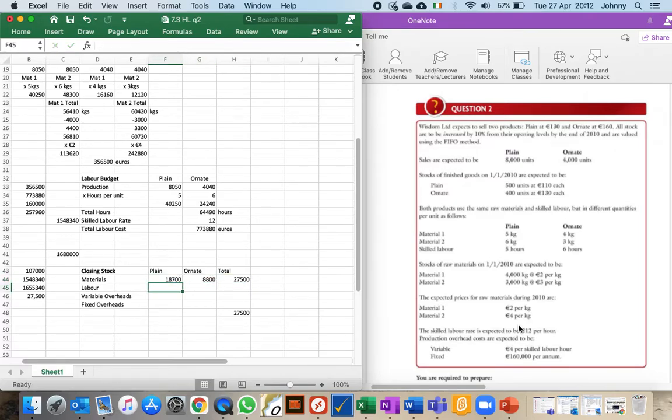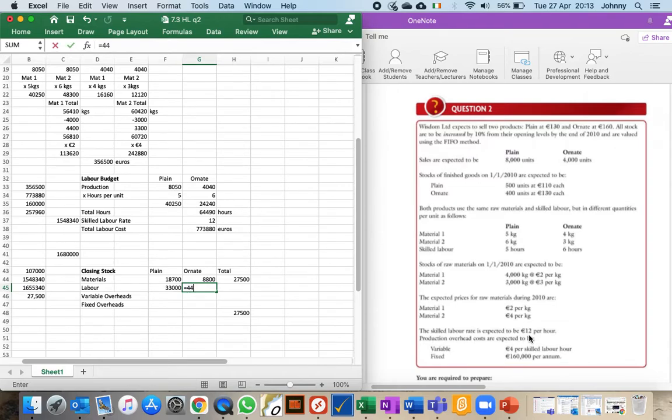Labour. So labour, again, I have 550 and 450, so 550 multiplied by how many labour hours? We've got 5 labour hours, and then multiplied by the price for every labour hour is €12. Okay, so that's how much the labour is going to cost to produce plain, or what I would have spent on labour to make those plain goods that I haven't sold yet.